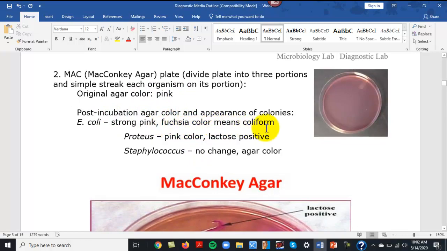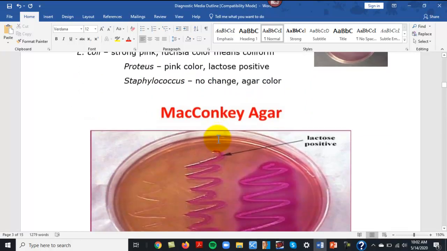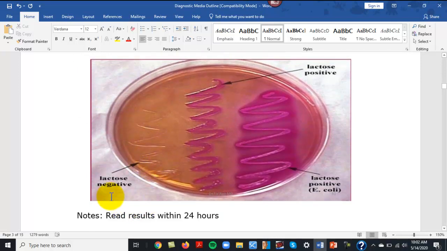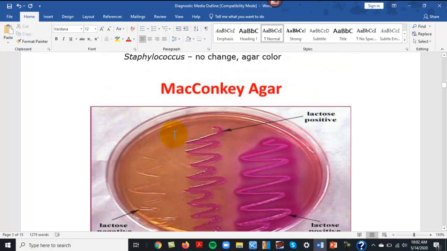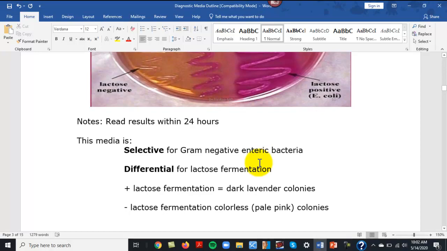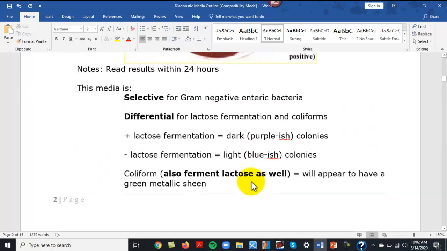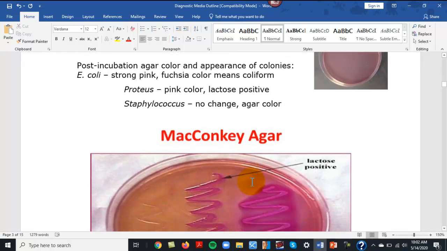Fuchsia color means coliform, strong pink. So right there, that's a positive. Over here is a negative. So negative for lactose fermentation. These other two are positive. It's just another test you can run along with the EMB. Just a different kind of test, different colors.